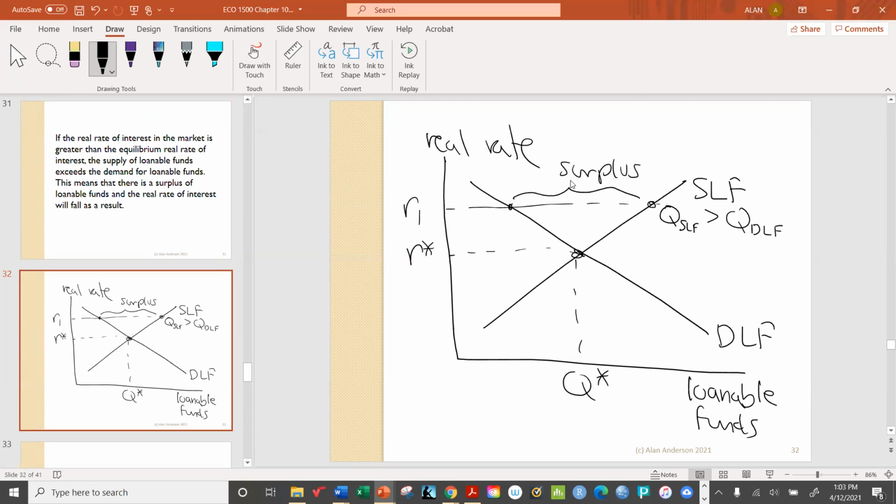The banks would see what's going on and they would lower their lending rates. And in the process, as rates started creeping down, people will save less and borrow more. And we'll end up down here somewhere.